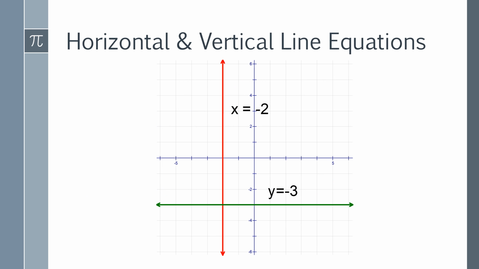So here are two examples. In red, we have x equal to negative 2. So we know the x-intercept is negative 2, and it's just a vertical line. y equals negative 3 is just a horizontal line that crosses the y-axis at negative 3.